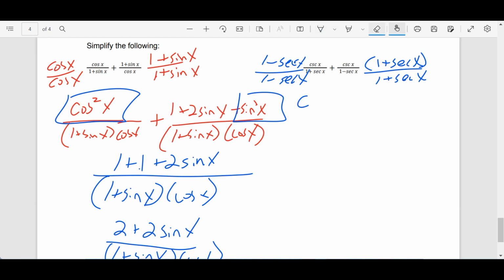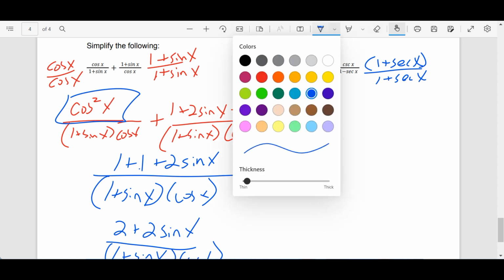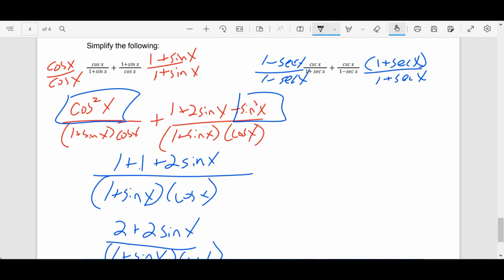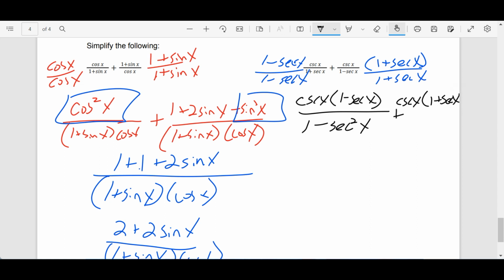I'm going to use a different color just so I can decipher between the two, and you can as well. Let's use black. So it's going to give me cosecant x times 1 minus secant x over, if you FOIL, 1 minus secant squared x, plus cosecant x times 1 plus secant x over 1 minus secant squared x.